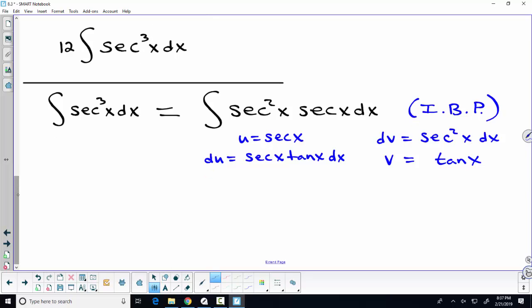All right, so integration by parts tells us that this integral is now uv, secant tangent, minus the integral of v du. So minus the integral of secant tangent squared.